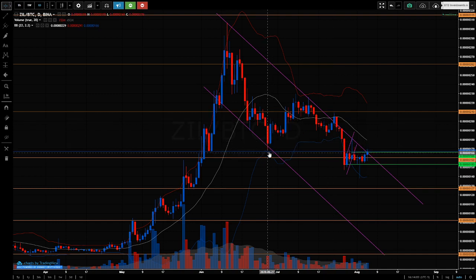Any wash of a low or support is the right place, but then you need to see the right thing. And it wasn't really the right thing until this wick painted in. So if those buying bars can increase and then maybe get a volume spike soon, that would be a good indication as well.